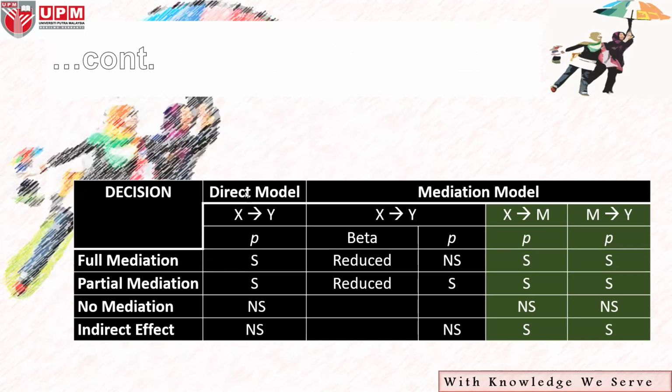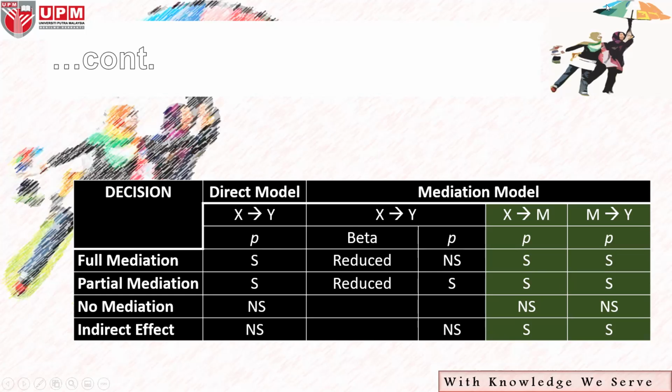Okay, dia ada 2 model, direct model and mediation model. Okay, based on the table ni, for the direct model, if the direct model significant, and then if the effect of X on Y ni reduce in mediation model, the result is non-significant, then X on M is significant, M on Y is significant, then we can say that there is a full mediation.